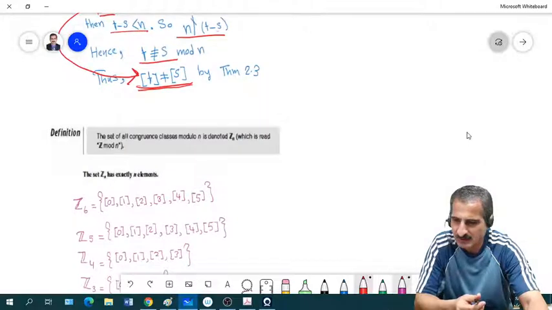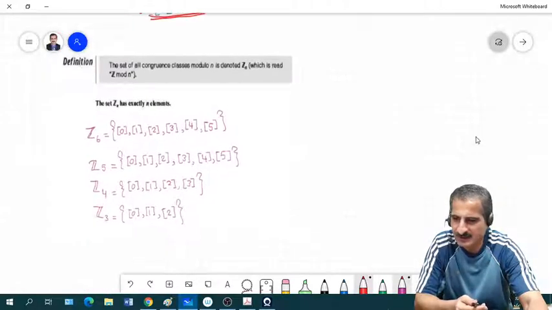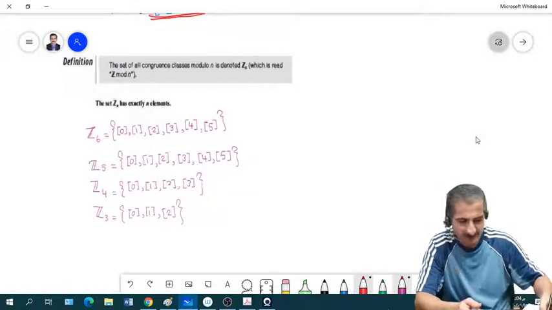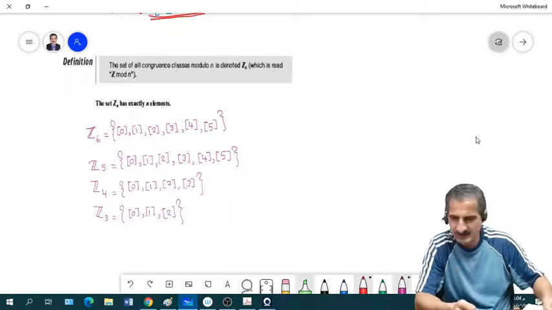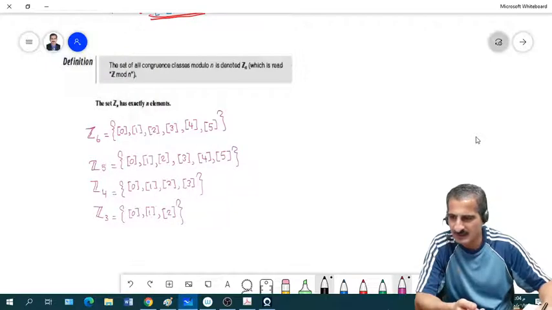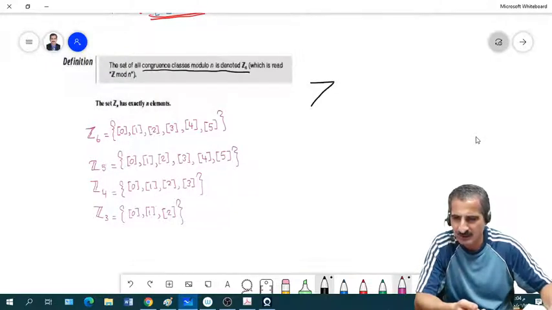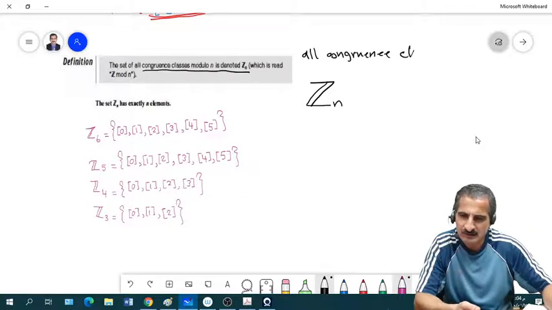Now, one last thing here is notation. I have already done that. This is hard to see, but it talks about all congruence classes modulo n.